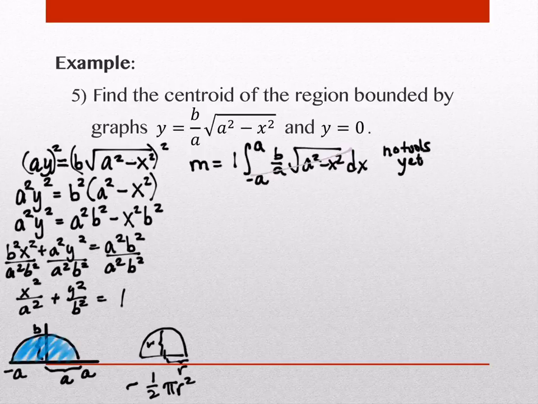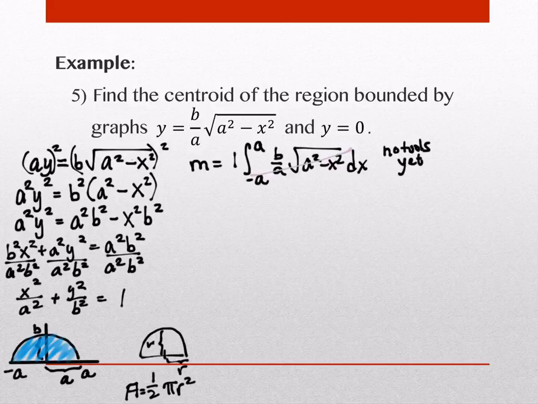Right? Because it's half of a circle. Formula for area of a circle is pi r squared. This is 1/2. Why do you think it's r squared? Yeah, both of these lengths from the center out are the same length r.